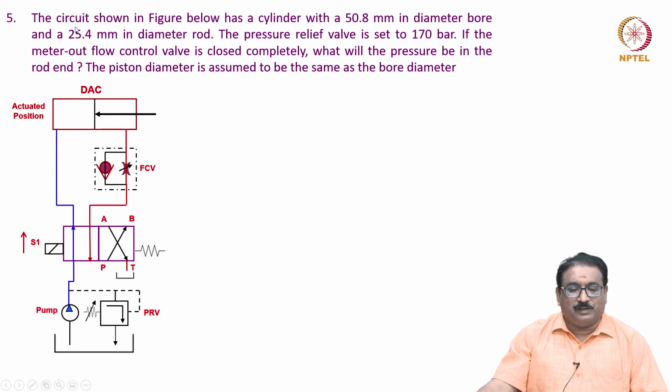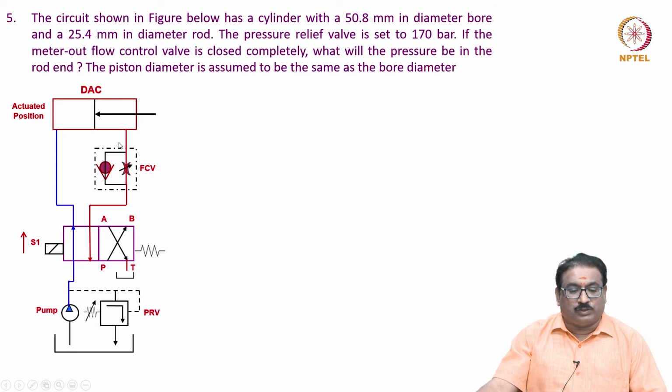Fifth problem. The circuit shown in the figure below has a cylinder with 50.8 mm diameter bore and a 25.4 mm diameter rod. The pressure relief valve setting is 170 bar.